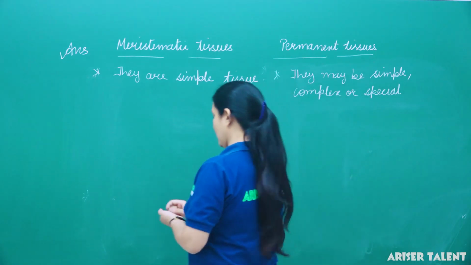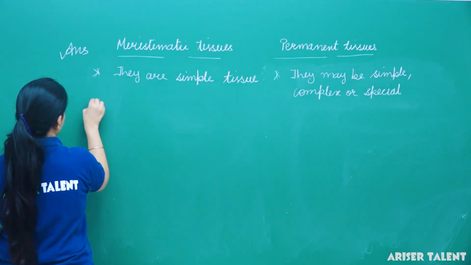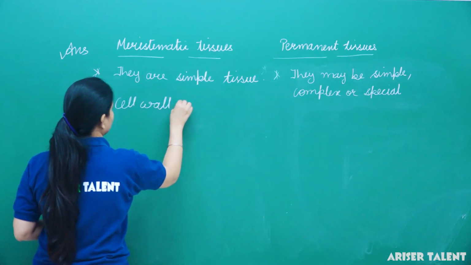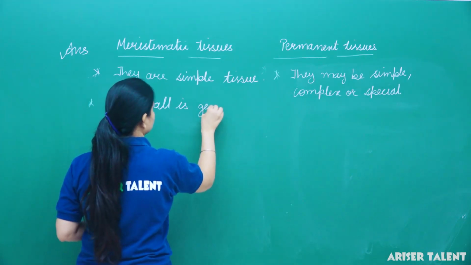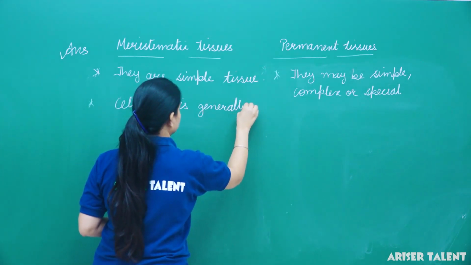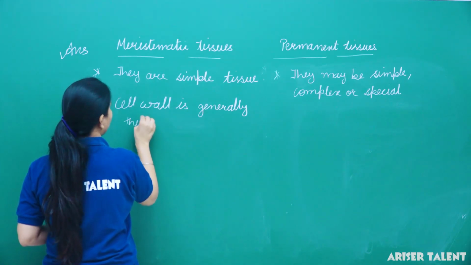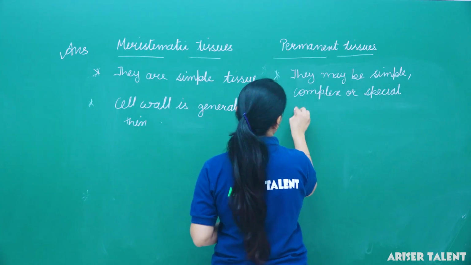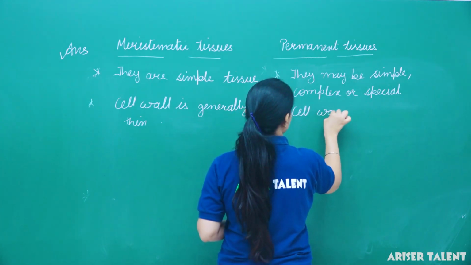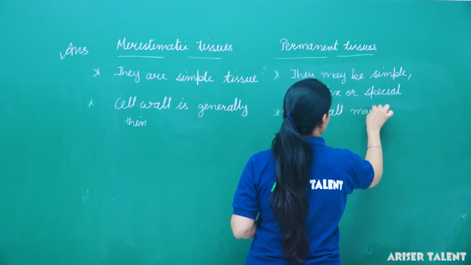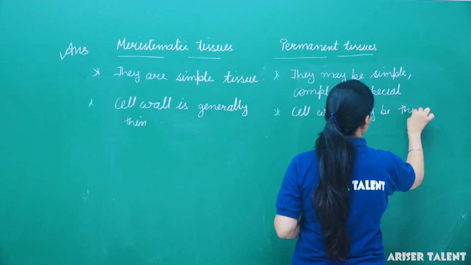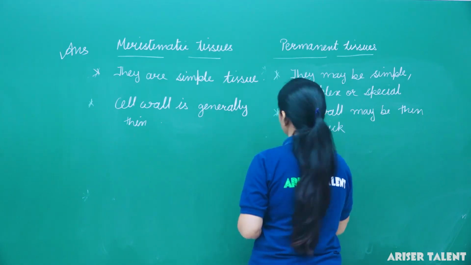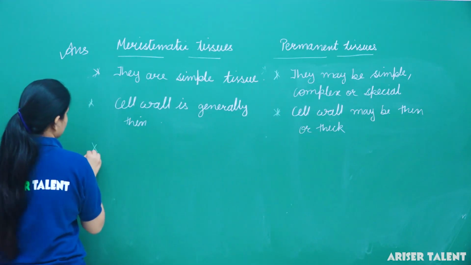If we talk about the cell wall, it is generally thin in meristematic tissue. But in the permanent tissue, cell wall may be thin or thick. Clear?